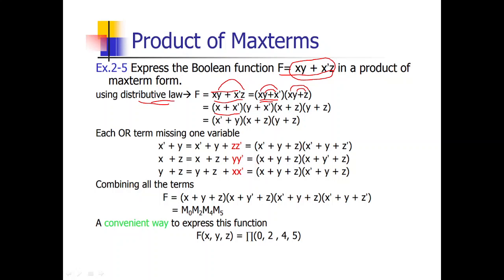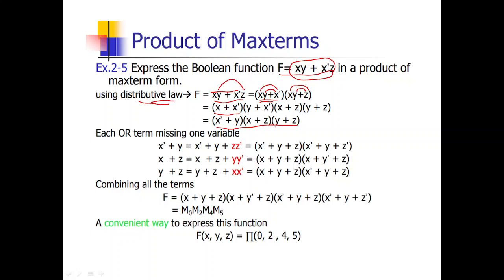So here there are 4 sum terms, and x plus x dash is considered as 1, so we will be getting the remaining 3 sum terms. Now the expression is converted to product of sum. This product of sum can be converted to product of max terms.